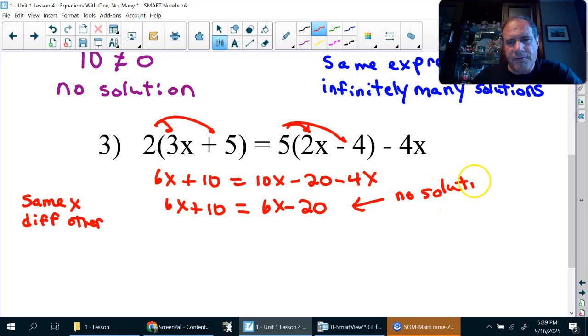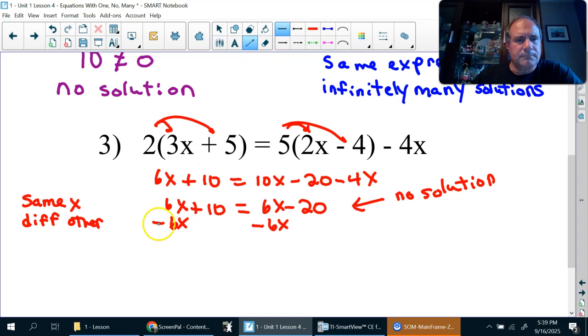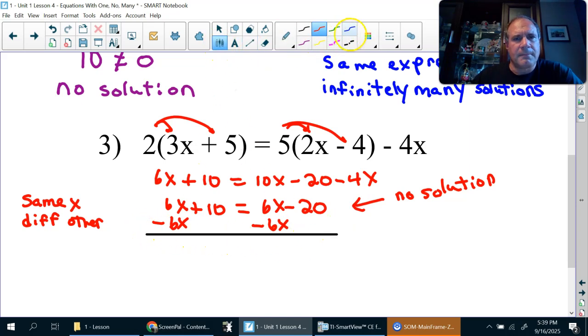If you wanted to go further, you would minus the 6x on both sides. And these would cancel. And you would get 10 does not equal negative 20. And either way, it's no solution.